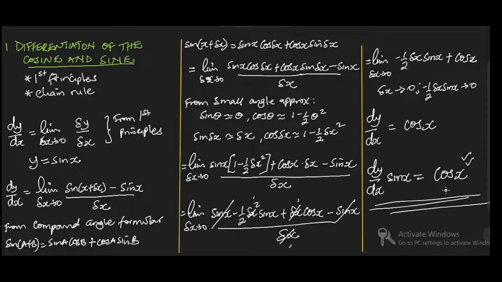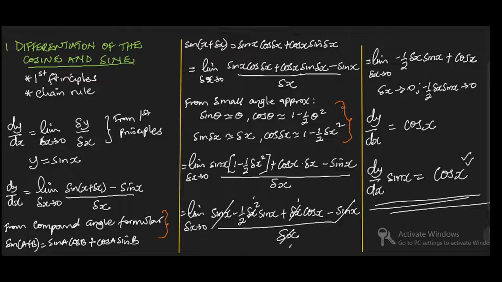Okay, so that's how we use our first principles. But what we should pay close attention to are this compound angle formula, and also the small angle changes here. These ones are key to helping us get to that given point.